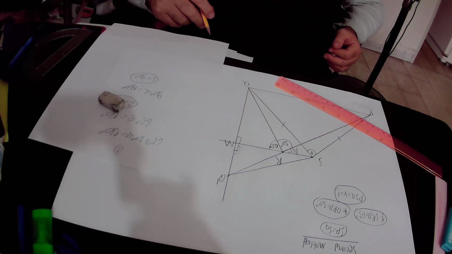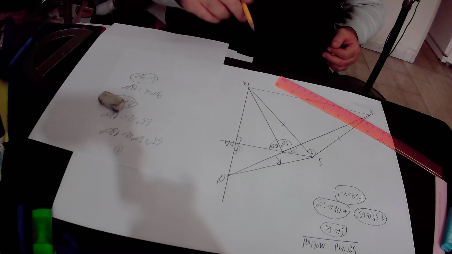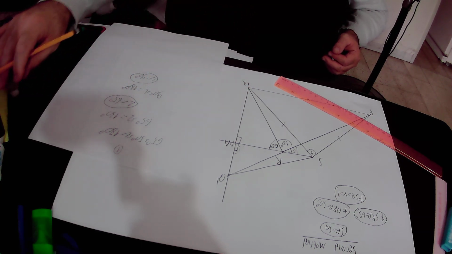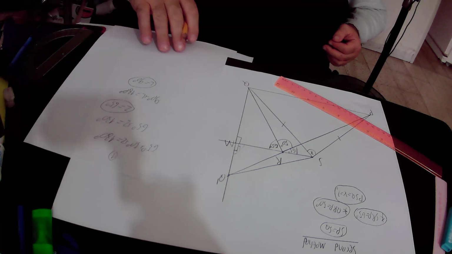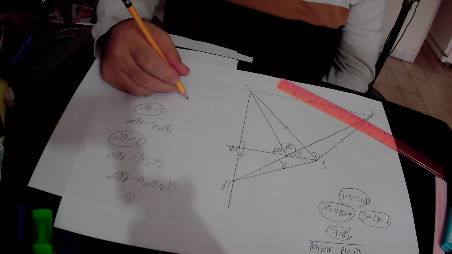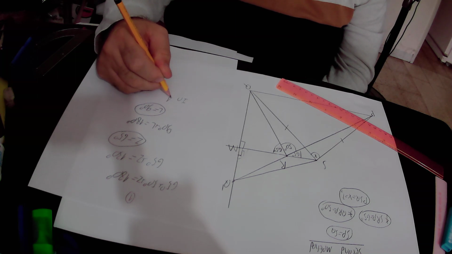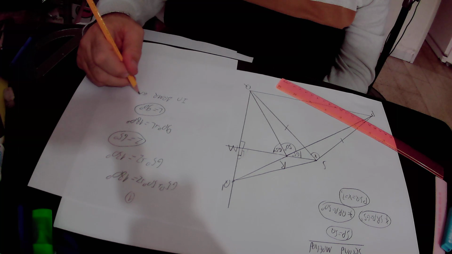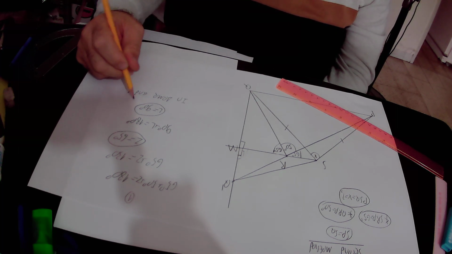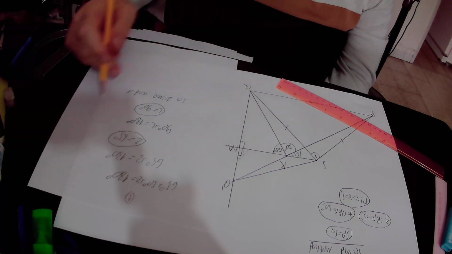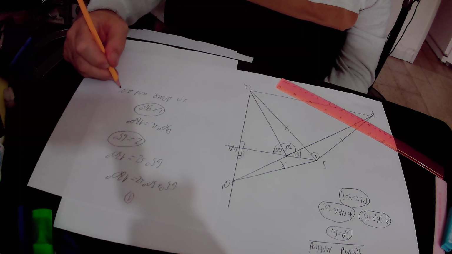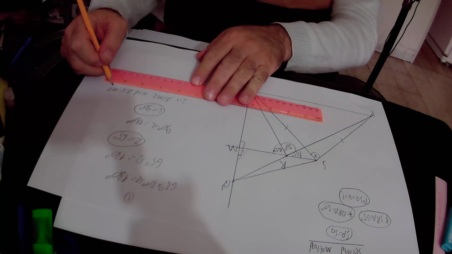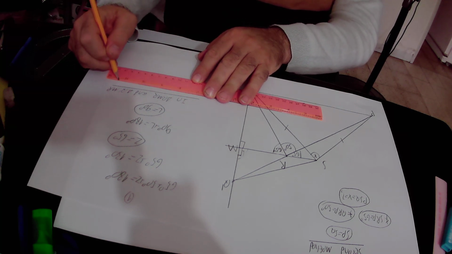So in the next step we will focus on the right triangle QMR and the right triangle Q dash MR. Actually we will prove that those two right triangles can go into each other.